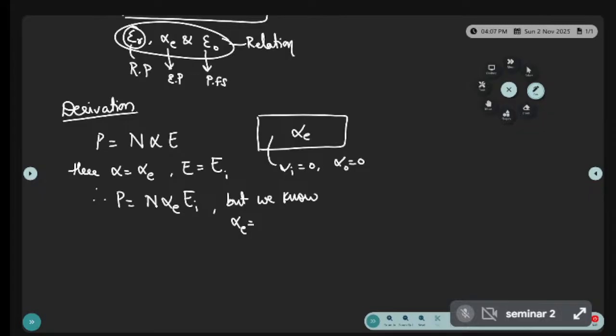What is the alpha E expression? 4 pi epsilon naught r cube. And the Lorentz field, the internal field E I, is E plus P by 3 epsilon naught. Substitute now. Therefore P is equal to what?